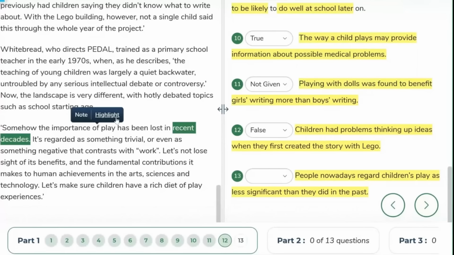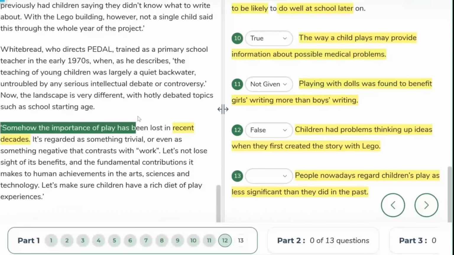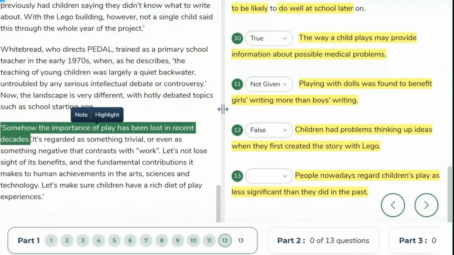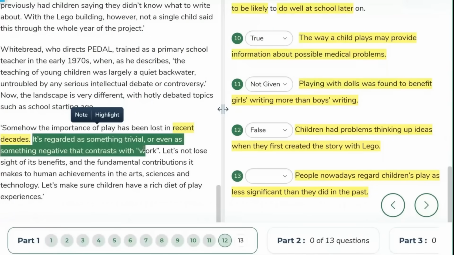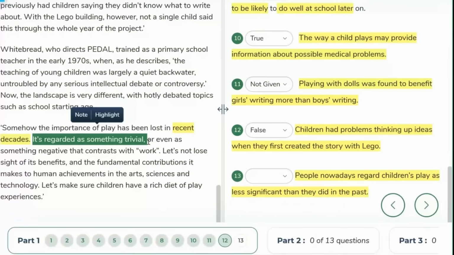They say somehow the importance of play has been lost in recent decades. Lost means now we don't value children's play. It means children's play is regarded as something trivial. Trivial means unimportant, less significant, or even something negative that contrasts with work.